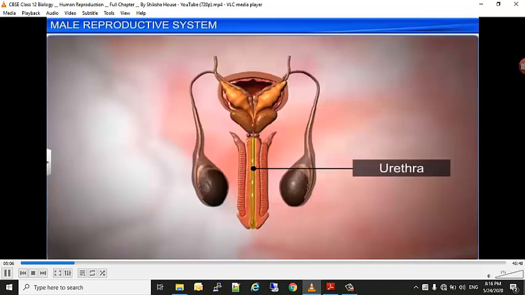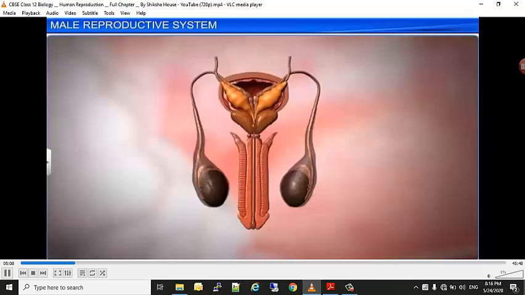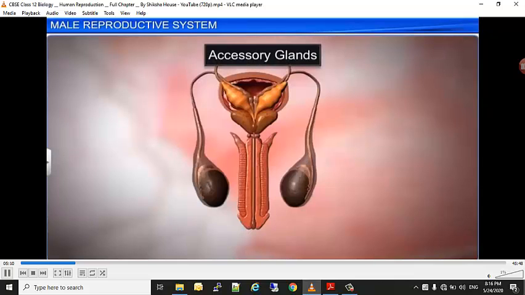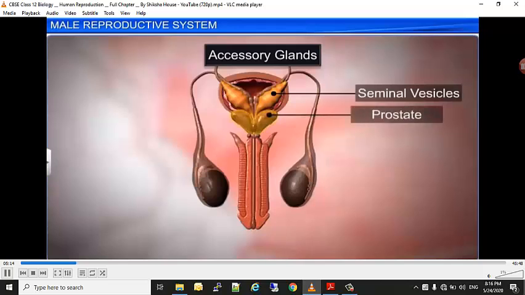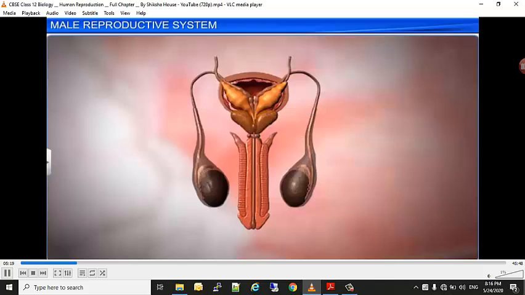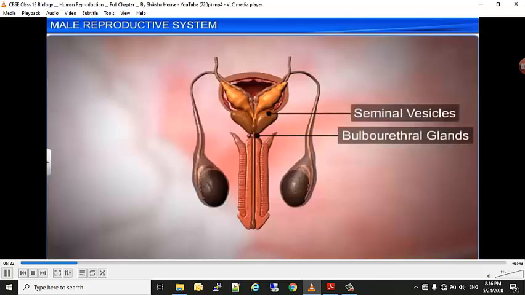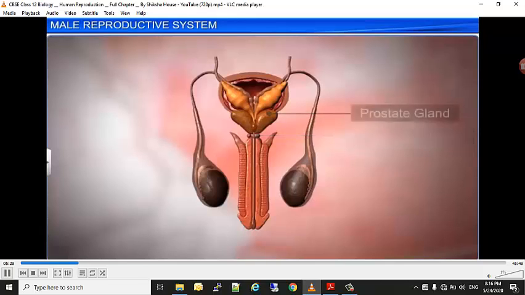The male accessory glands include a pair of seminal vesicles, the prostate gland, and a pair of bulbourethral glands. They secrete seminal fluid that contains fructose and prostaglandin. The prostate gland is present at the base of the urinary bladder and around the base of the seminal vesicles. It opens into the urethra through many ducts.